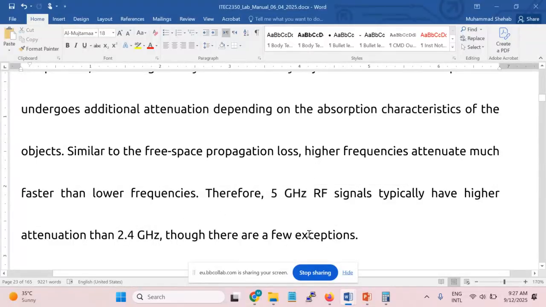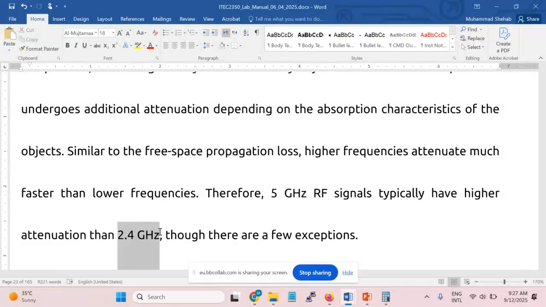If you are sitting at home, for example, connecting to the wireless near the router, it's better to connect to 5 gigahertz because you will get faster internet speed. But if you are roaming in the home and moving away from the router, it's better to connect to 2.4 gigahertz because it gives you higher coverage.